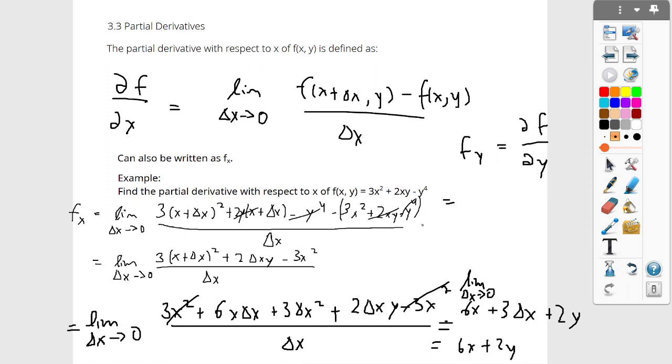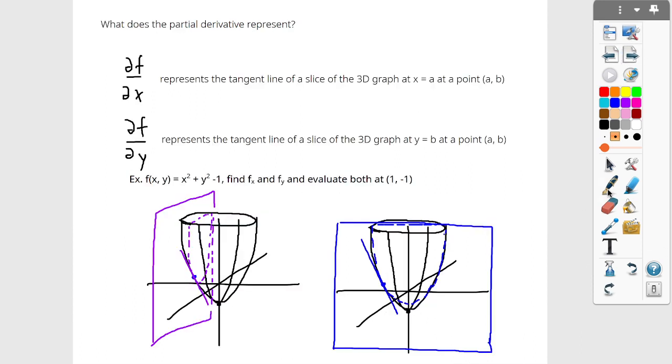Now 2x is all number, we treat 2x as a constant in this case when we differentiate with respect to y. So that would just be 2x, and then minus y to the fourth differentiated normally, 4y to the third power. So that's how you take the partial derivative. You treat the other variable as a constant, and then you differentiate normally, right?